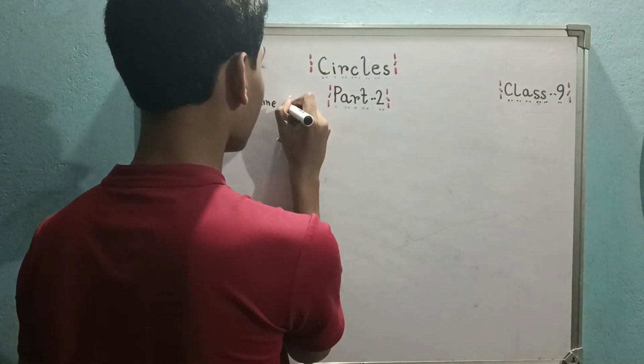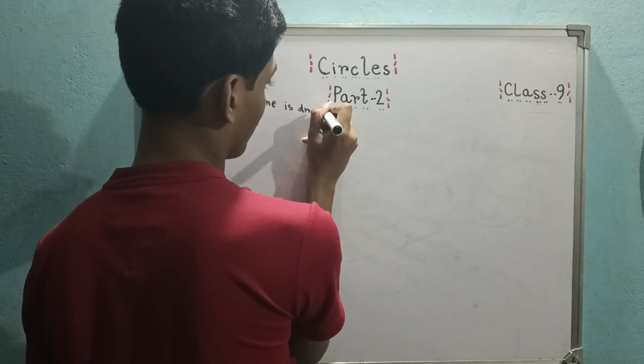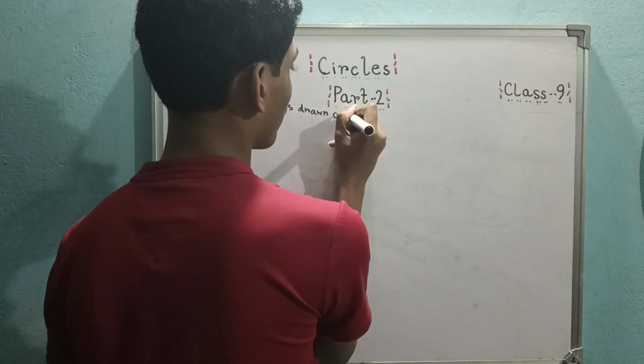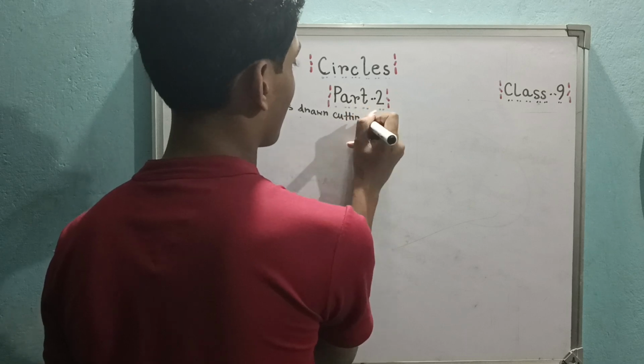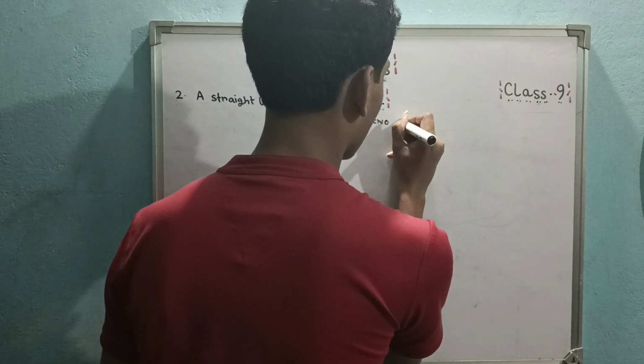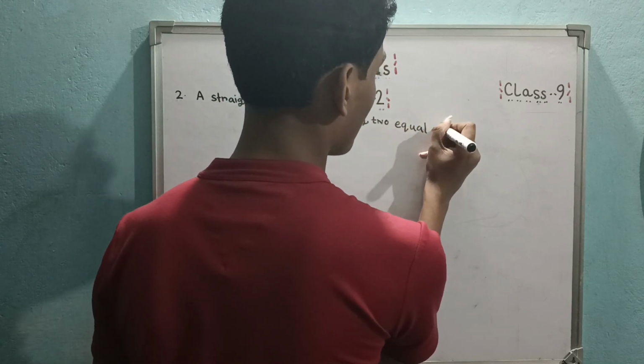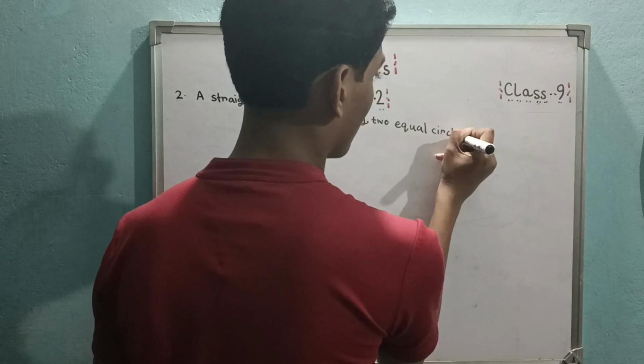Two circles, not concentric though. This is going to be interesting. Up to this it is quite easy. Let's see what it is.